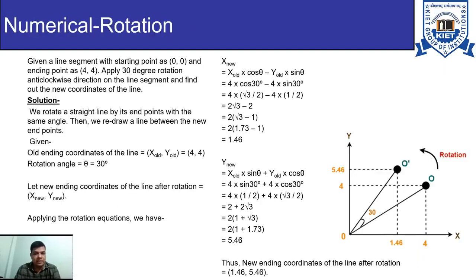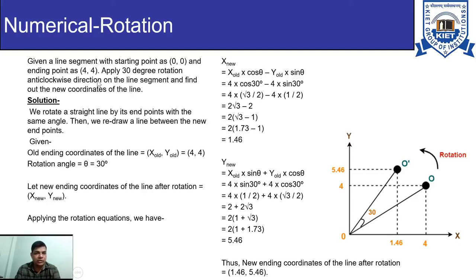Here is an example in which we discuss rotation of an object. Given a line segment with the starting point 0, 0 and ending point 4, 4, we apply a rotation of 30° in the anti-clockwise direction, and we have to find the new position of the line.